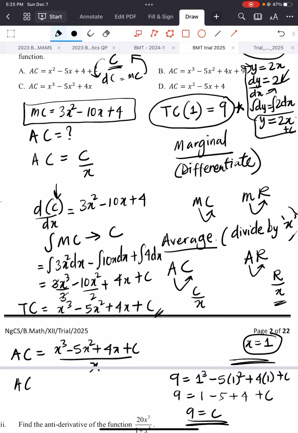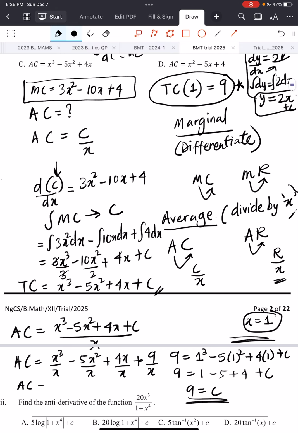So AC equals x cubed divided by x, minus 5x squared over x, plus 4x over x, plus, since we got the value of c, which is 9, 9 over x. So your AC is x squared minus 5x plus 4 plus 9 over x.